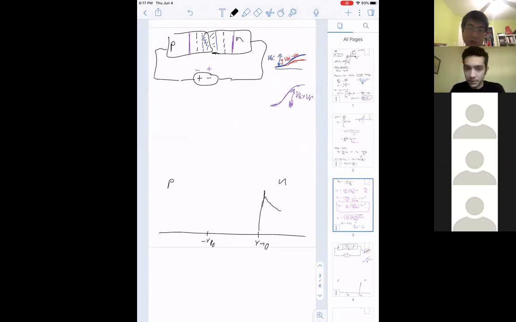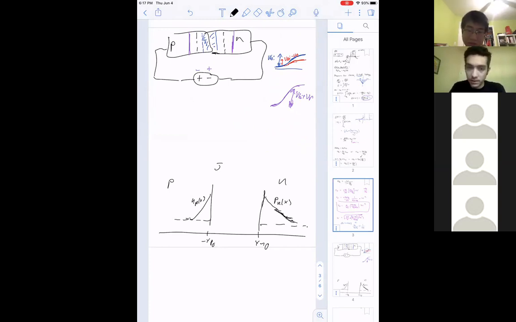So basically, like Cody was saying, when you have excess carriers due to an applied voltage, you can talk about them like this. These are minority concentrations. And they're the main source of current in your PN junction.